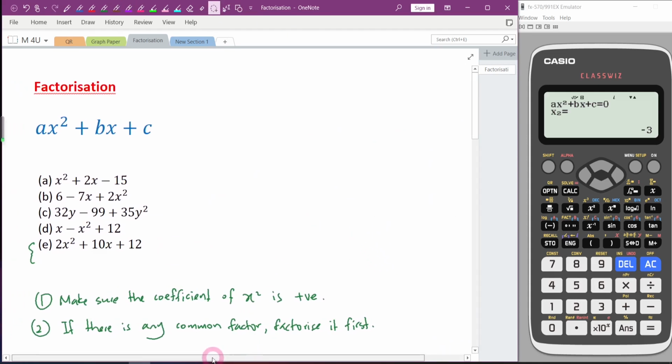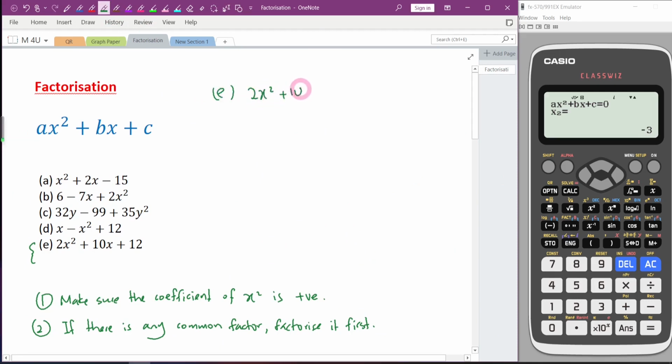Let me show you how we get the answer manually first. You can actually bring out the 2 first, because when the number becomes smaller, it's actually easier for you to do the factorization. If you don't want, this is okay.